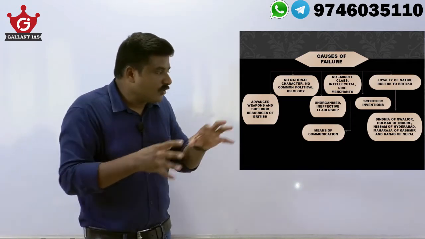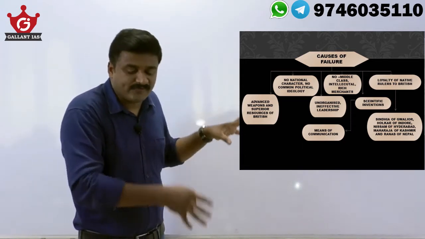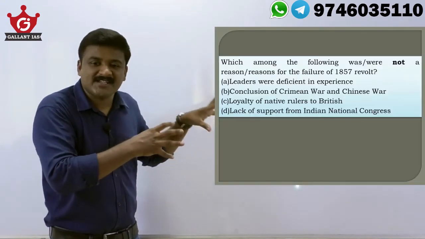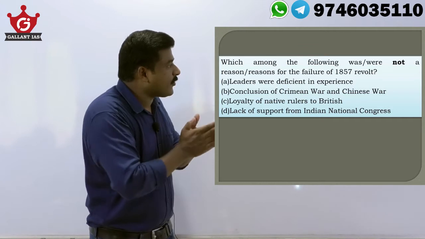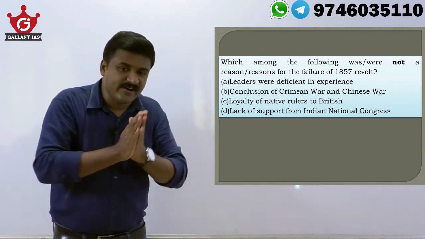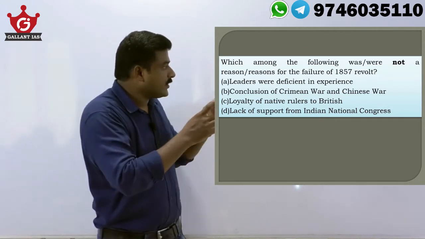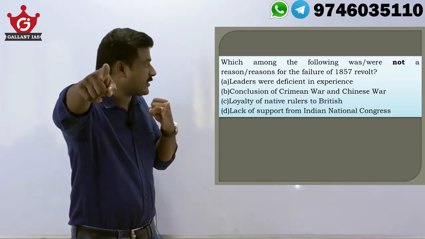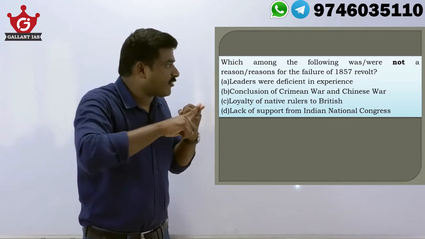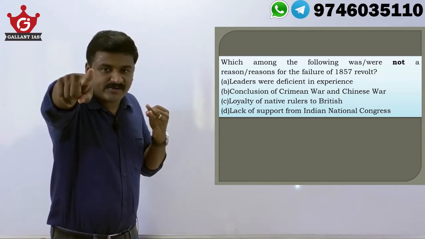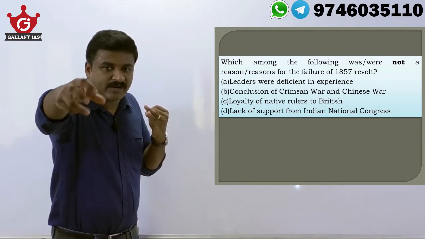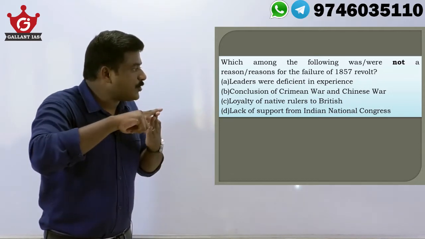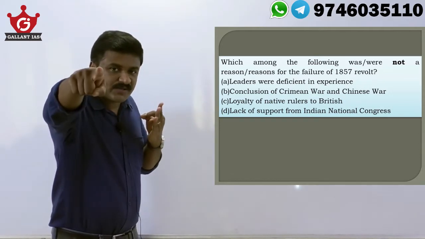So just look into these causes of the failure of the 1857 revolt. Now you are in a position to answer this question: which among the following is not a reason for the failure of the 1857 revolt? Leaders who are deficient in experience, absolutely, that is a reason. You can answer it right now. Conclusion of the Crimean War, Chinese War, we discussed in our session. These are some reasons why the British were able to mobilize their army and soldiers. Loyalty of native rulers to the British, again a reason for the failure.